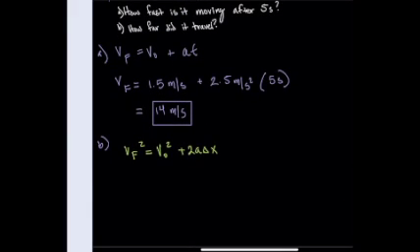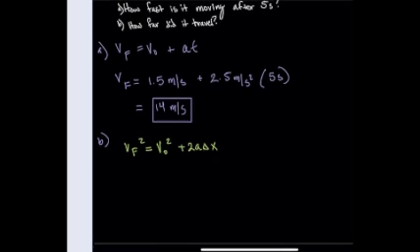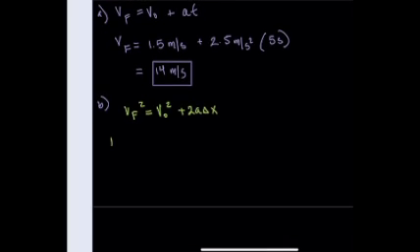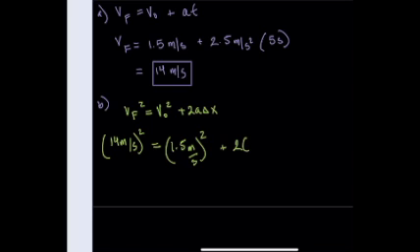So if we were to do that, we would just plug in what we know. So 14 meters per second, the whole thing squared, is equal to V initial squared plus 2 times the acceleration times delta x.